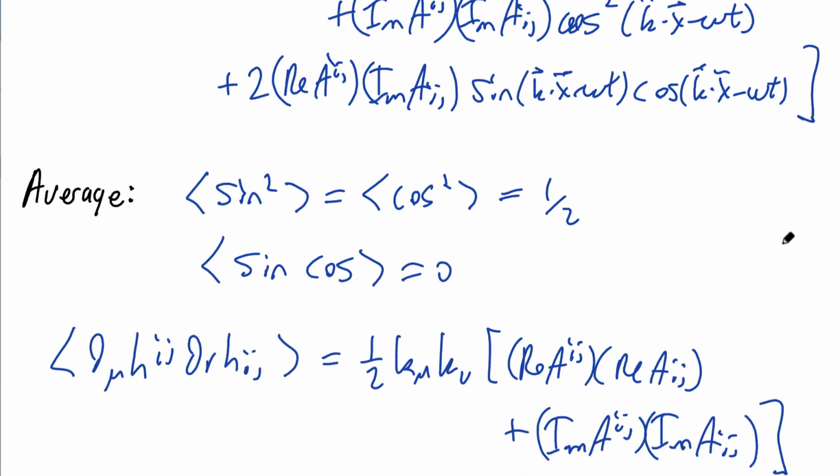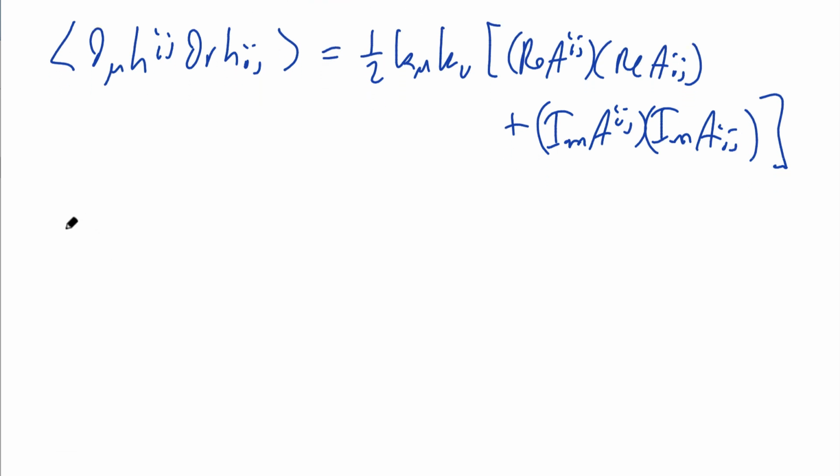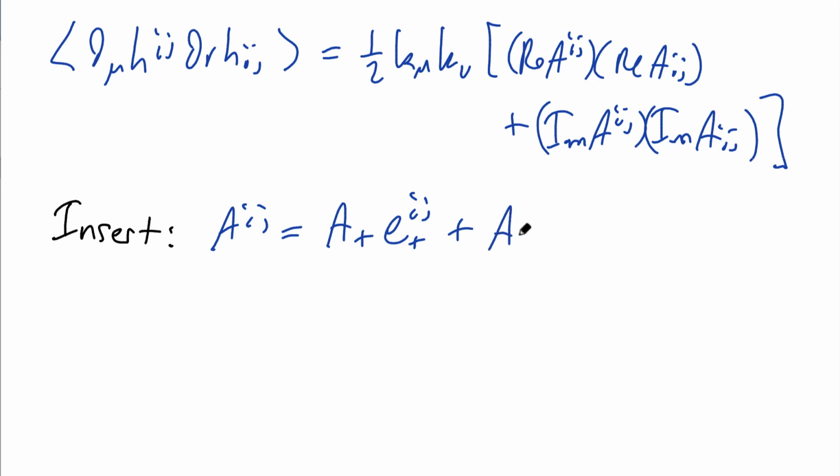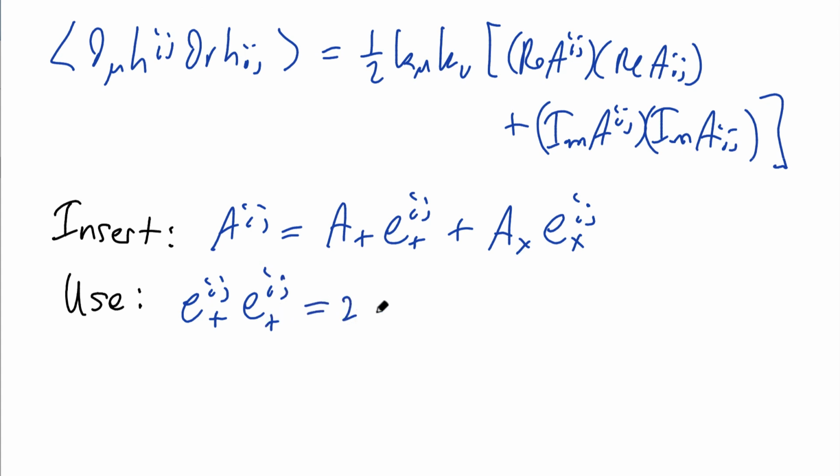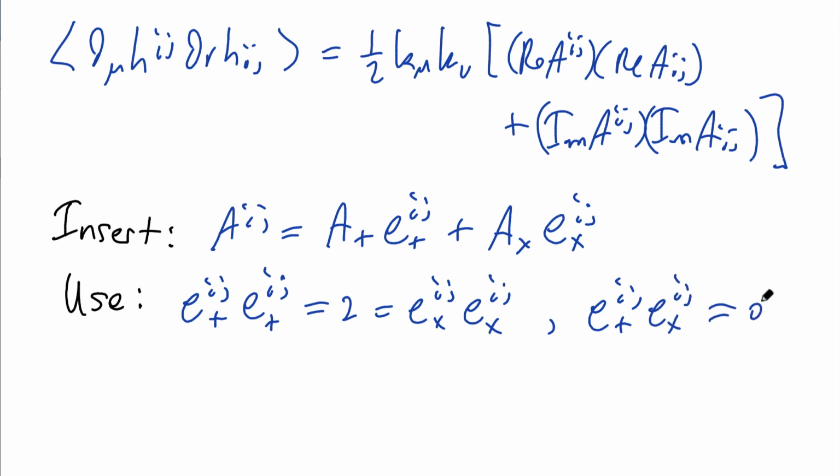So returning to our result here, we want to insert Aij equals A plus times Eij plus, plus A cross times Eij cross. And we'll use the following results, which are straightforward to verify. Eij plus Eij plus is equal to 2, as well as Eij cross Eij cross, and Eij plus Eij cross is equal to 0.